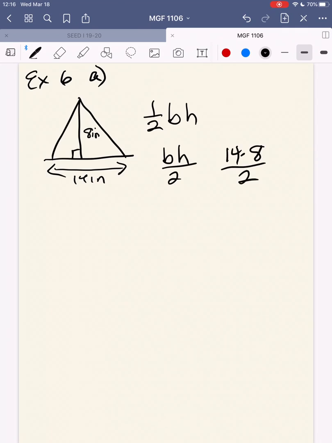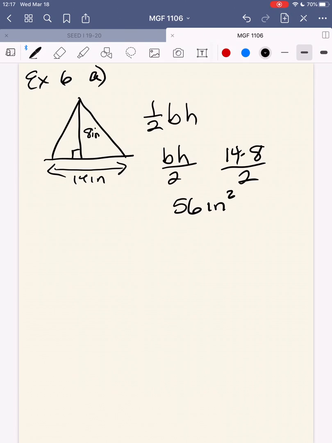And I'm going to go ahead and take that and divide it by 2. And when I do the multiplication, I got 56 inches squared. Okay, so all you guys are doing is taking stuff, plugging it into a formula, and just doing the mathematics. So pretty easy to go ahead and do.